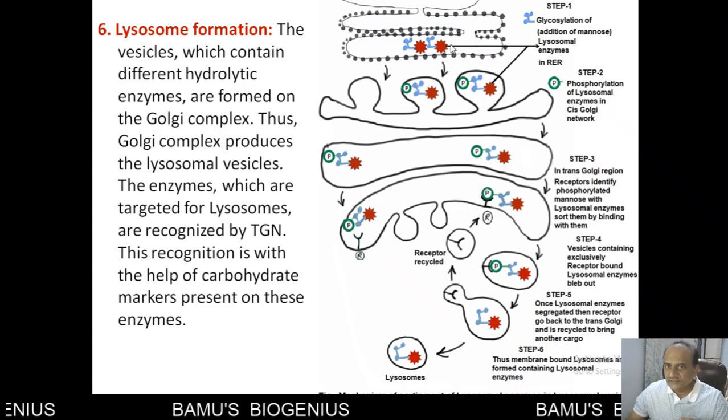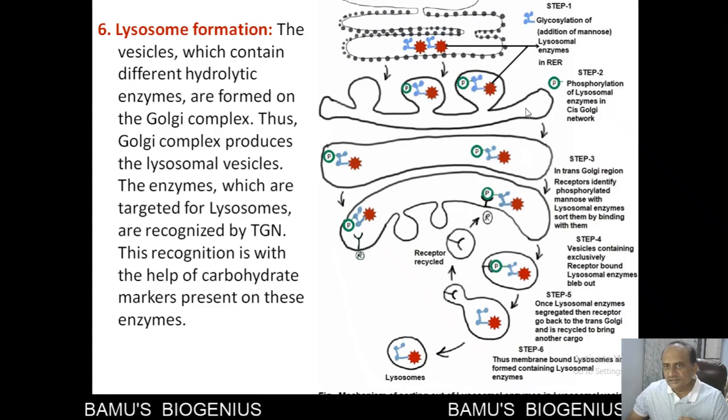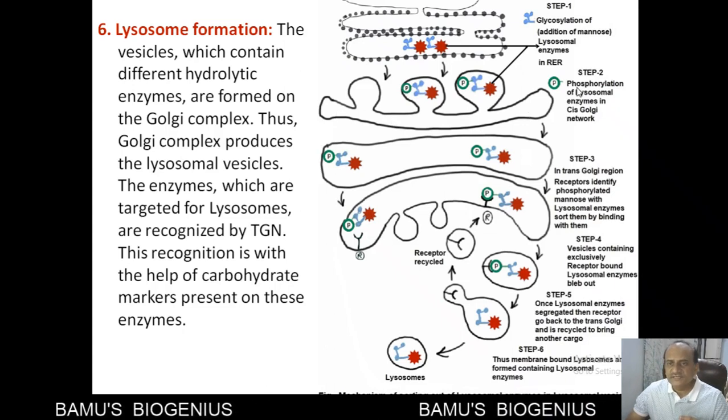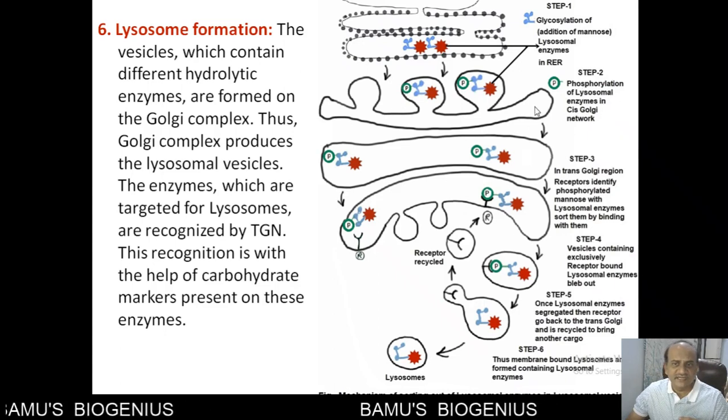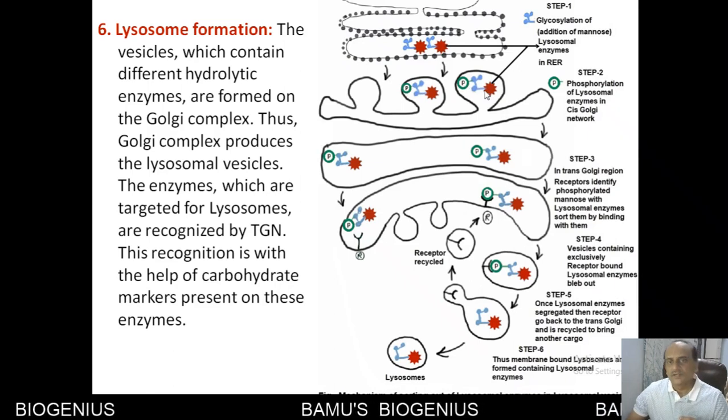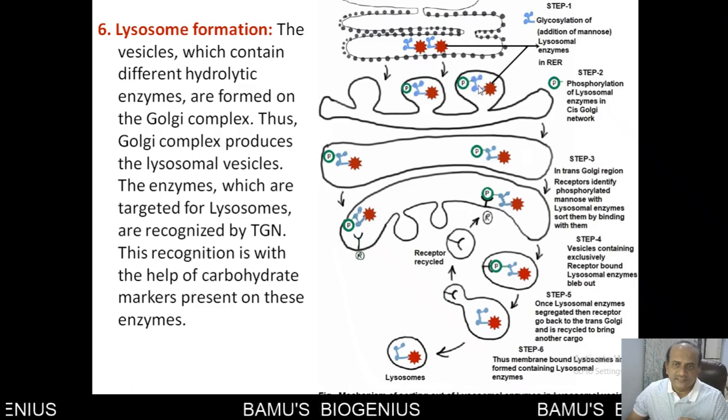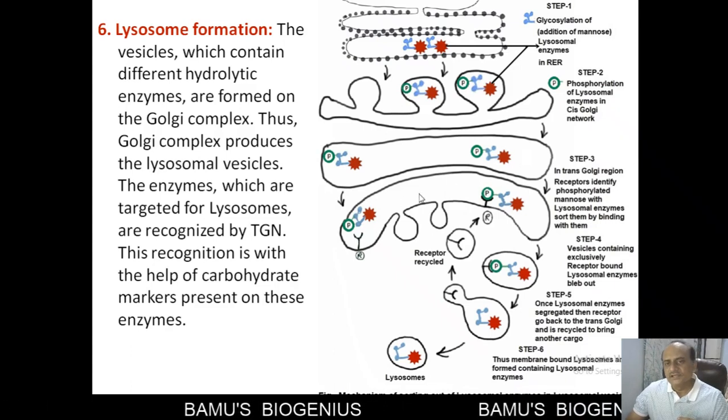Now when these lysosomal enzymes are taken to the cis Golgi, the second step is the phosphorylation of the lysosomal enzyme. Here a phosphate molecule is added to the lysosomal enzymes. Then these lysosomal enzymes, along with the phosphate molecule, are transported to the trans Golgi.